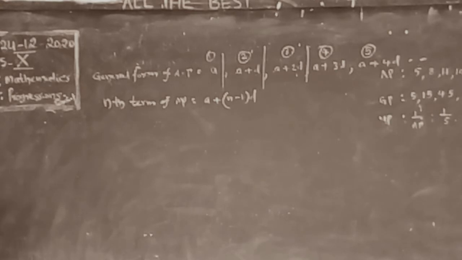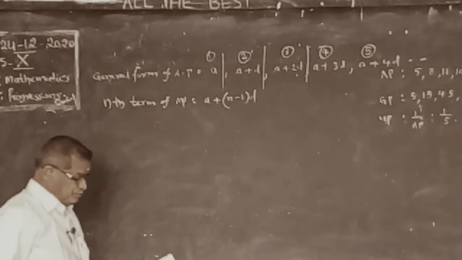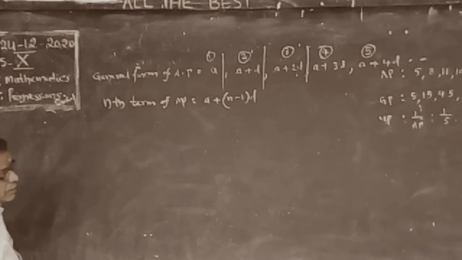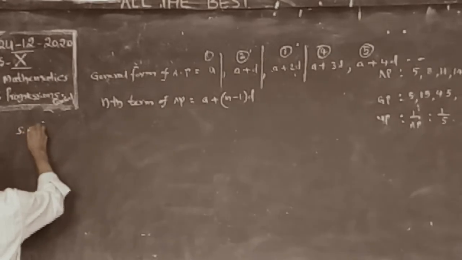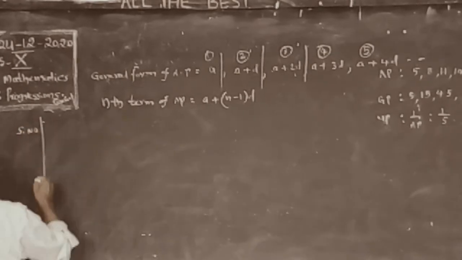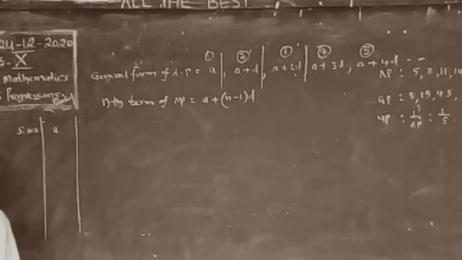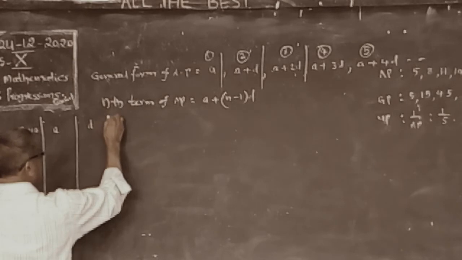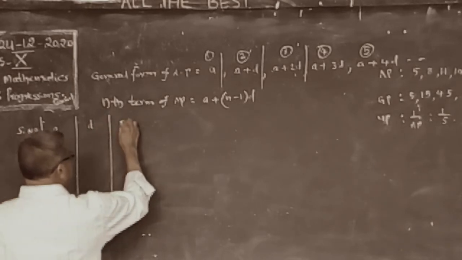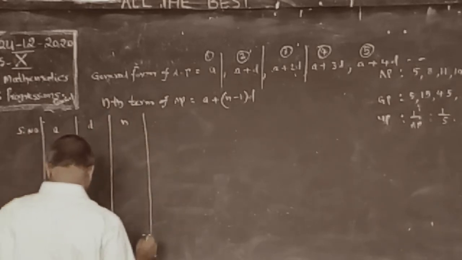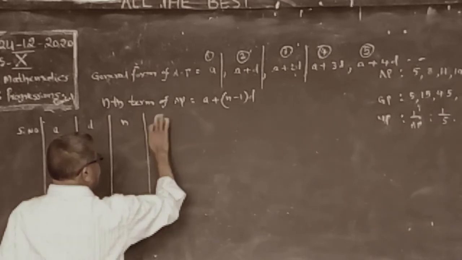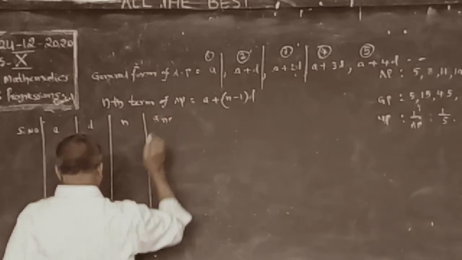Here a table is given. Serial number, A the first term, D, N, and the nth term.